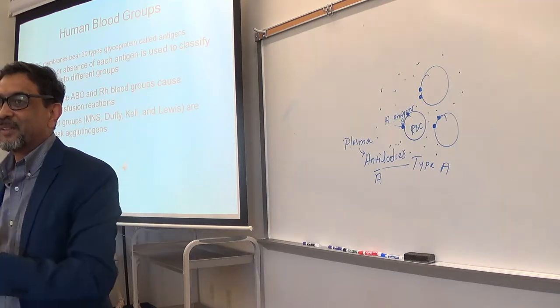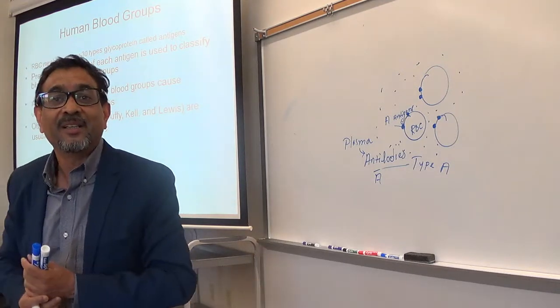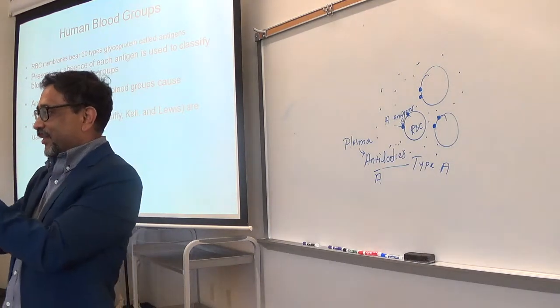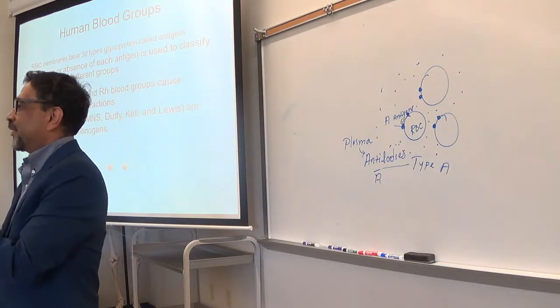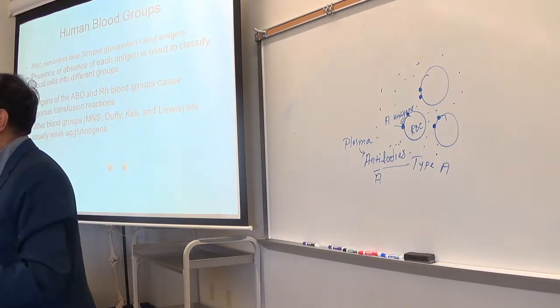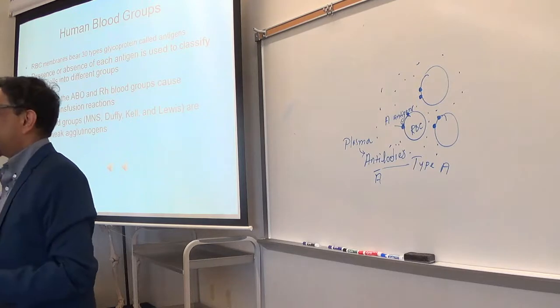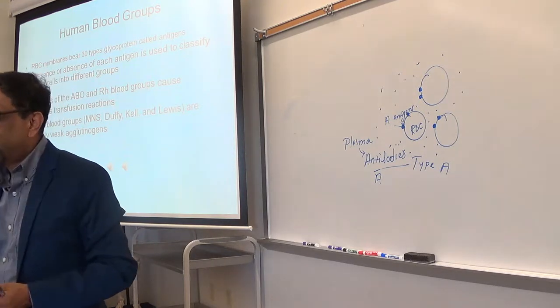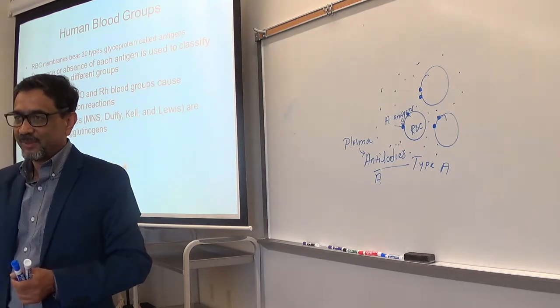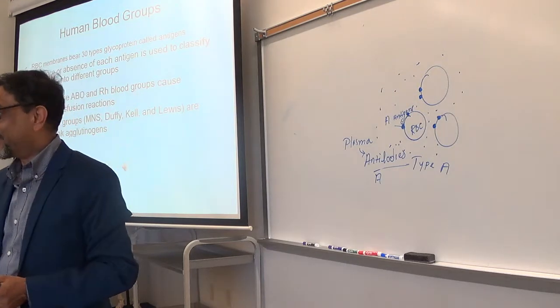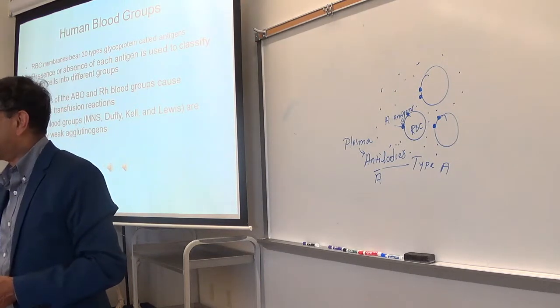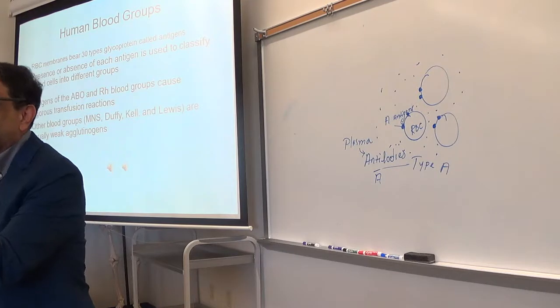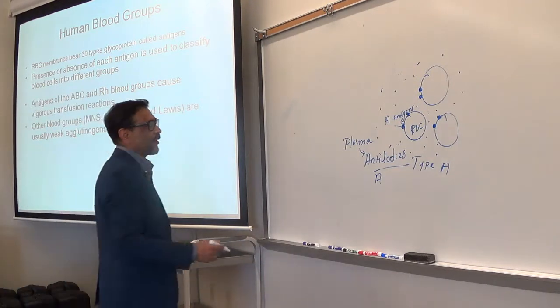Make sense? That is called agglutination. That will cause the destruction or lysis of the red blood cell. So same type of antibodies must be what? Present or absent? Absent, because it is dangerous. If same type of antibodies are present, that will cause agglutination.